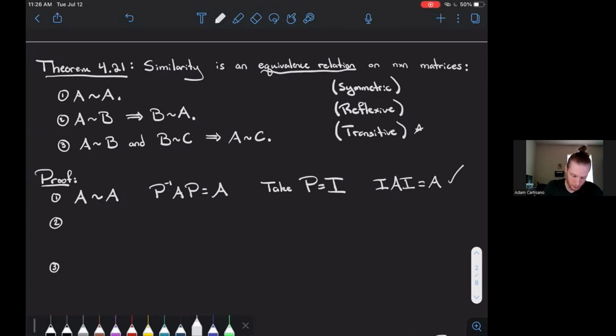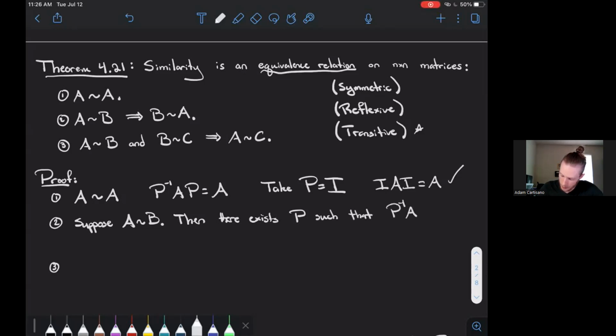So we want to prove, suppose A is similar to B, then there exists some invertible matrix P such that P inverse A P is equal to B. We want to show that B is similar to A.